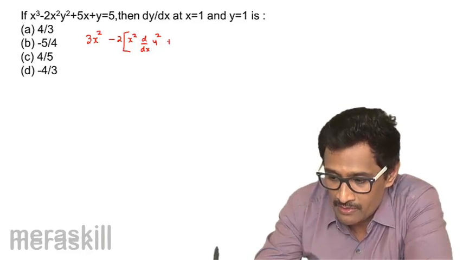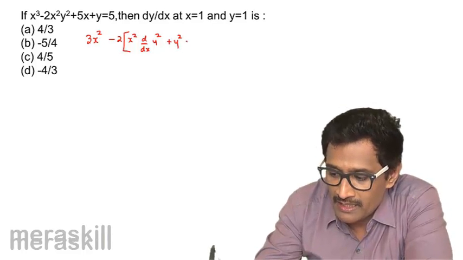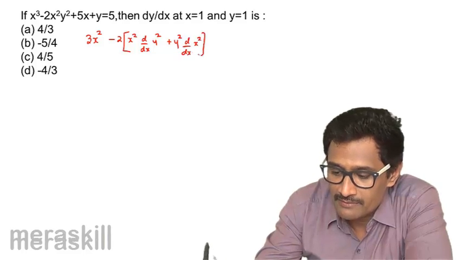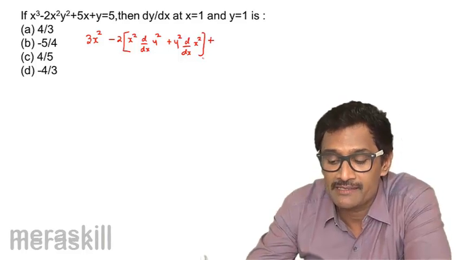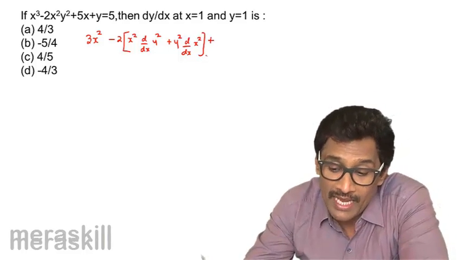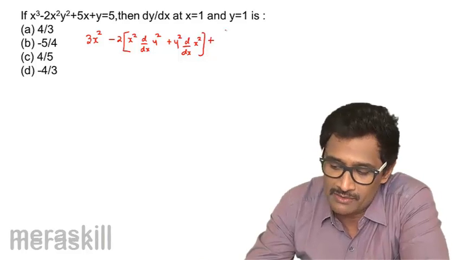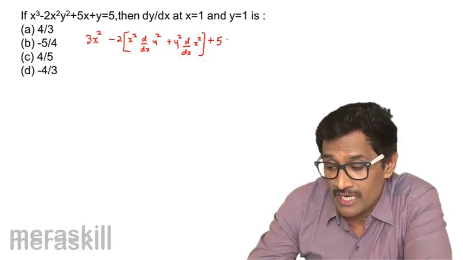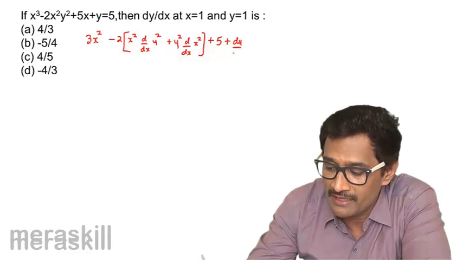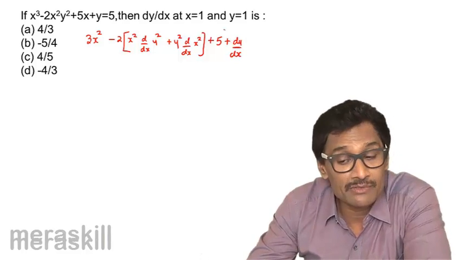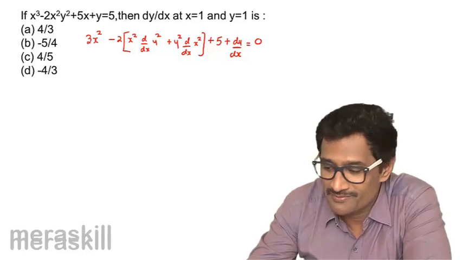Then the other way around, y square into d by dx of x square. This is what we use over here. Then derivative of 5x, 5 into x raised to 1 minus 1, which is going to be 5. Derivative of y means d by dx of y, which is nothing but dy by dx. Derivative of 5 is 0.